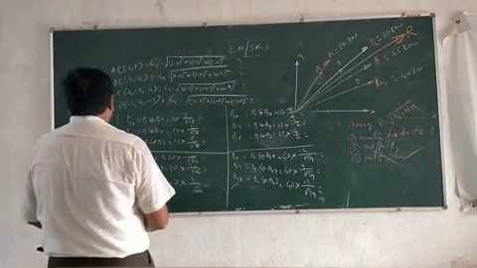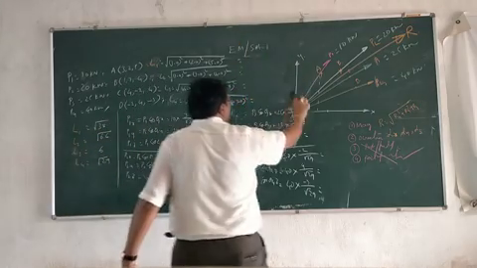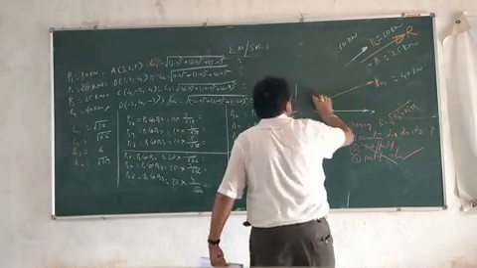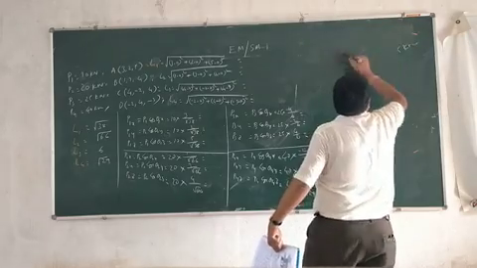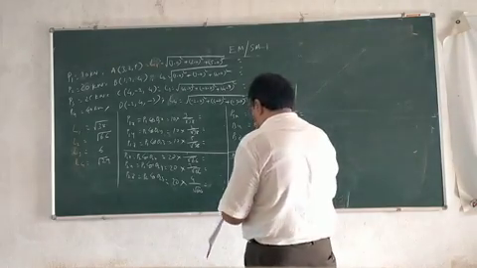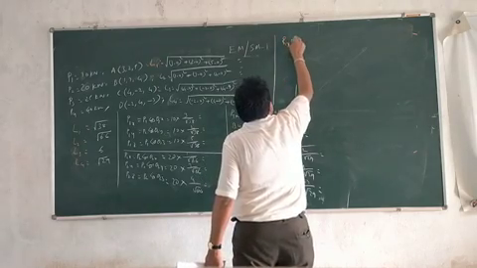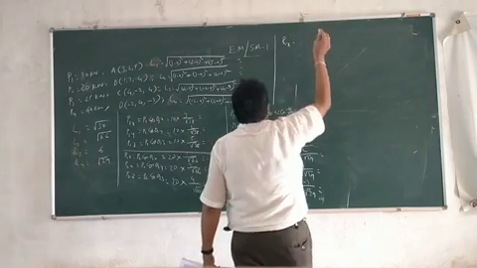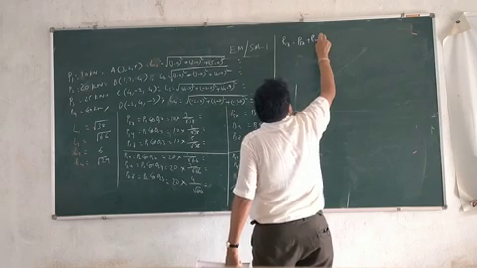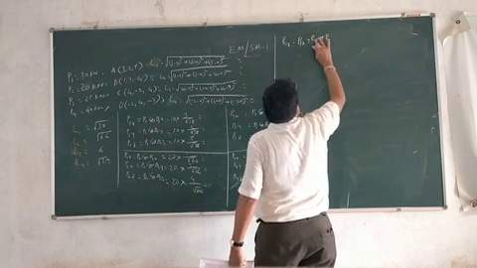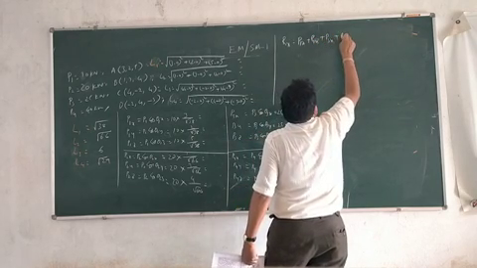Finally, Rx is equal to P1x plus P2x plus P3x plus P4x.